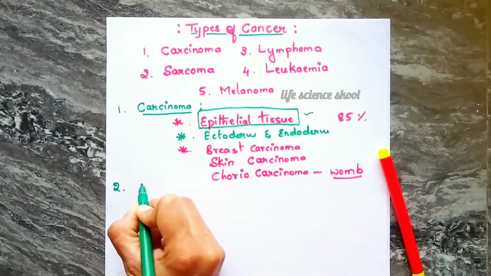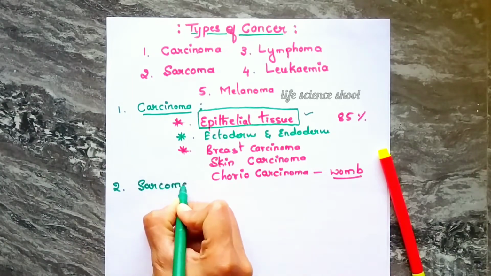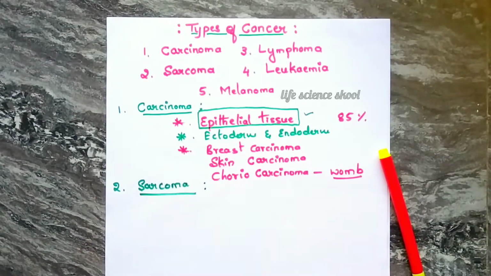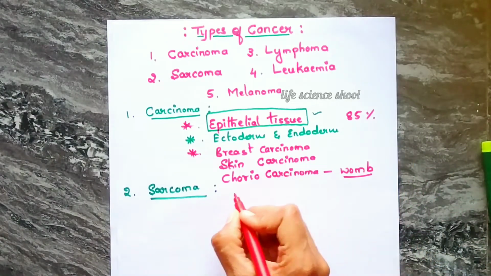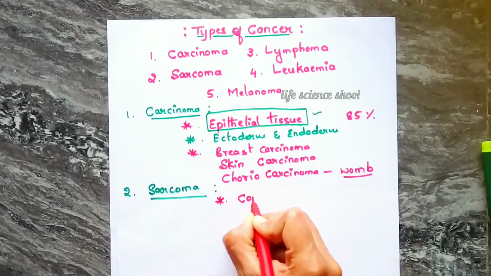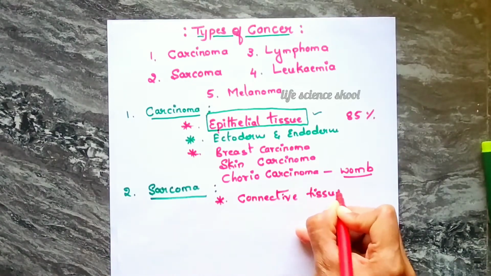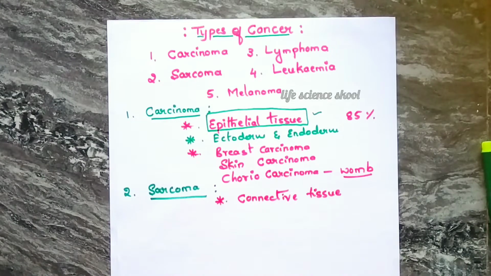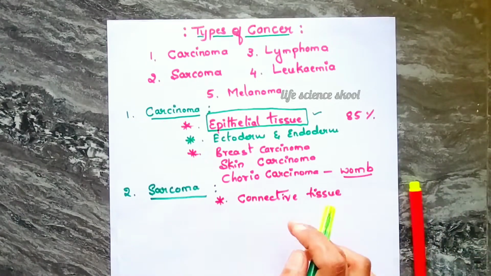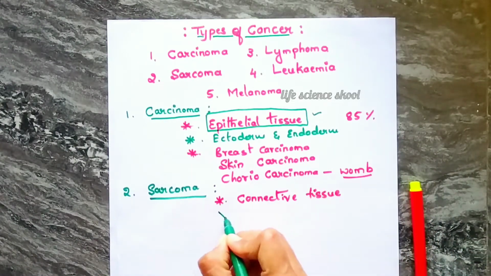And the next one is sarcoma. Okay, the second type is sarcoma. Any cancer that arises in the connective tissue of the body is called sarcoma. And these cancers of the tissues originate from the mesoderm.